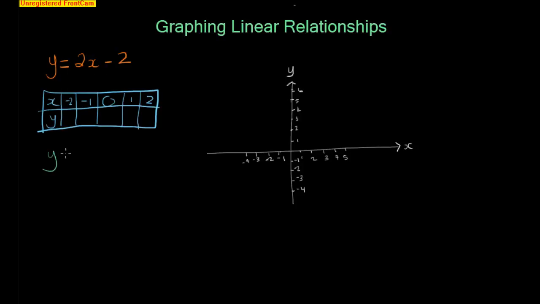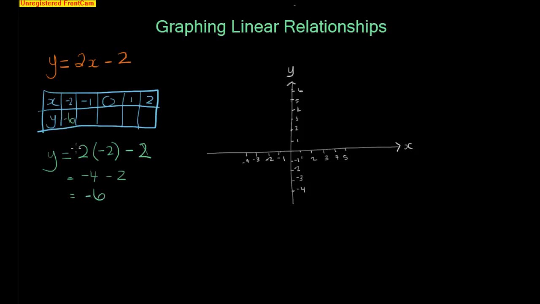So when x is -2, y would be 2 times -2 minus 2. So 2 times -2 is -4. Then we still have minus 2. -4 minus 2 is -6.